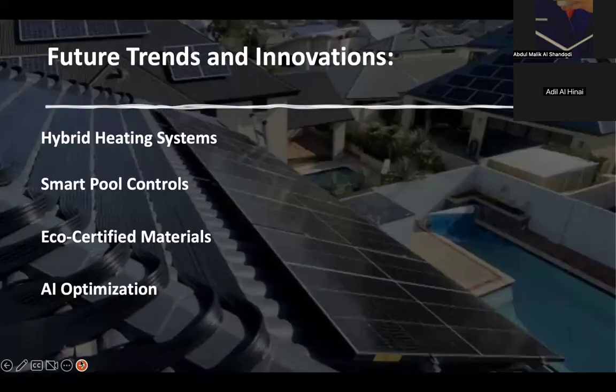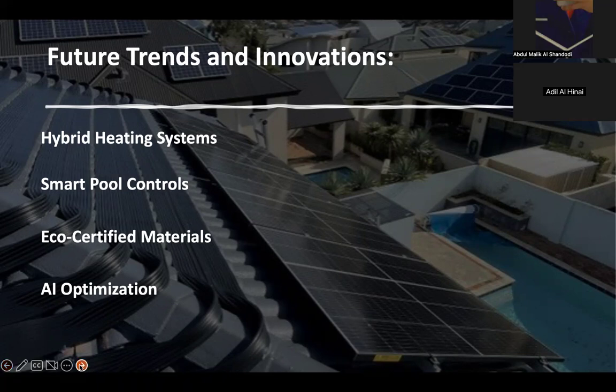For future trends and innovations, first, hybrid heating systems, that is, systems that combine solar energy with heat pumps or gas, or maybe both. Second is smart pool controls. These can be remotely controlled for temperature settings and have automation based on the weather.